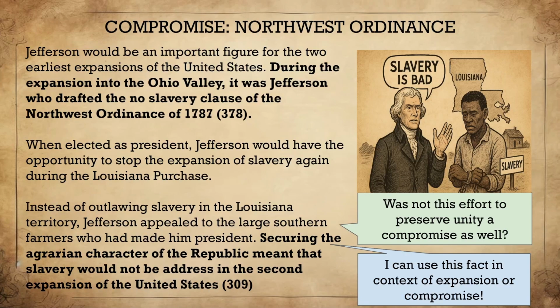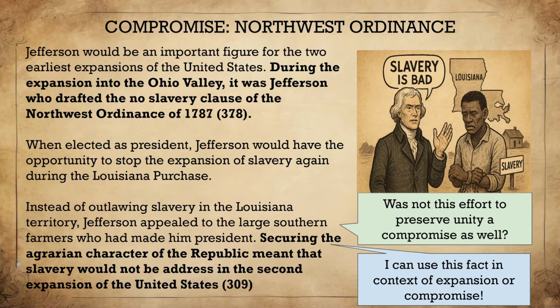Now, moving on from the Constitution, let's look at the two first waves of American expansion, which would be the Northwest Ordinance of 1787, and then also the Louisiana Purchase. Now, Thomas Jefferson, although he was not a part of the Constitutional Convention because he was away serving the United States, was a part of the two expansions of the United States early on.